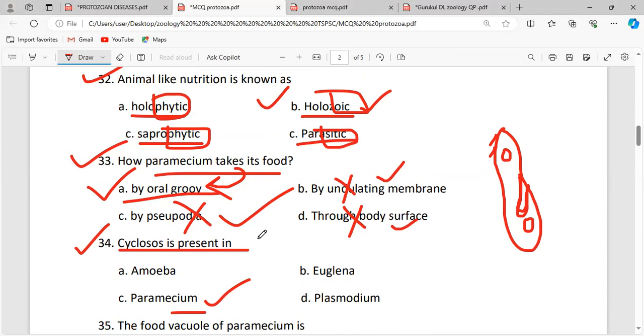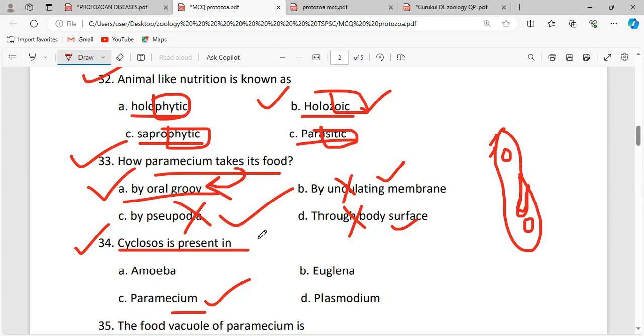Of course it comes under the paramecium, of course it comes under the protozoa. You have to know all the important protozoans, for example euglena and amoeba. The only example every other aspirant preparing for the exam will read will be only amoeba, but you should know some of the important things about amoeba, paramecium, euglena, and some of the important protozoans.